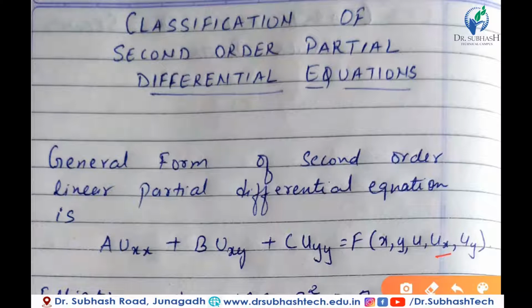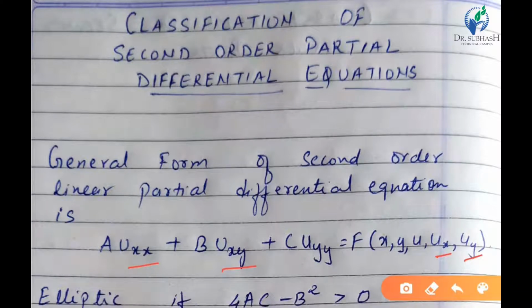Here ux is differentiation of u with respect to x, uy is differentiation of u with respect to y, uxx is differentiation of u with respect to x 2 times, uxy is differentiation of u with respect to x and then with respect to y, and uyy is differentiation of u with respect to y 2 times. Here we will need the coefficients of uxx, uxy and uyy as a, b and c.